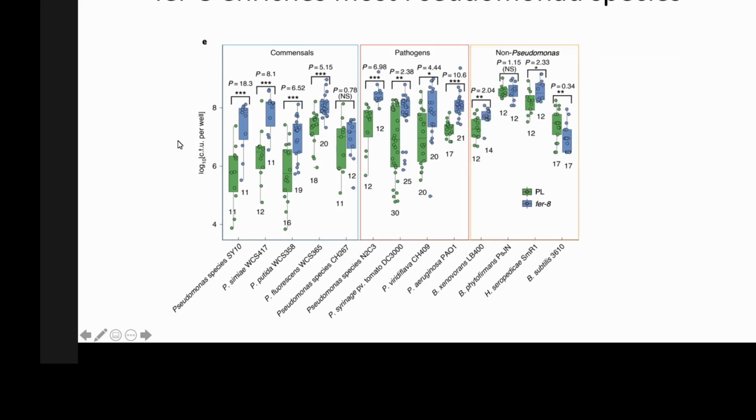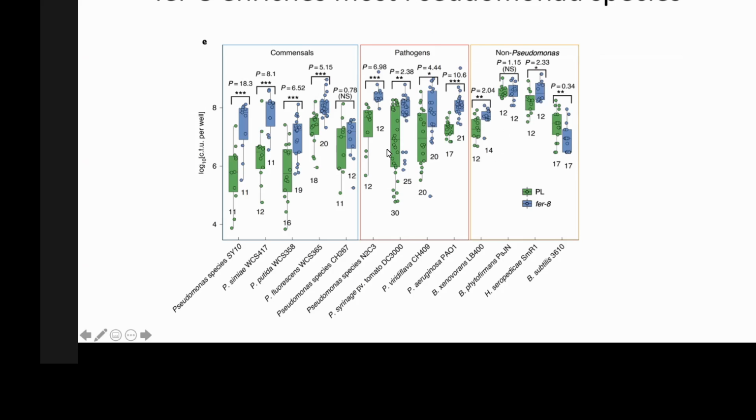And then as a control, they also looked at non-Pseudomonas species. So here they looked at Burkholderia, 2 different species of Burkholderia, and they also looked at Bacillus subtilis. And interestingly, for Burkholderia, so these non-Pseudomonas species, in some cases, they also saw an increase in the levels of these non-Pseudomonas species.